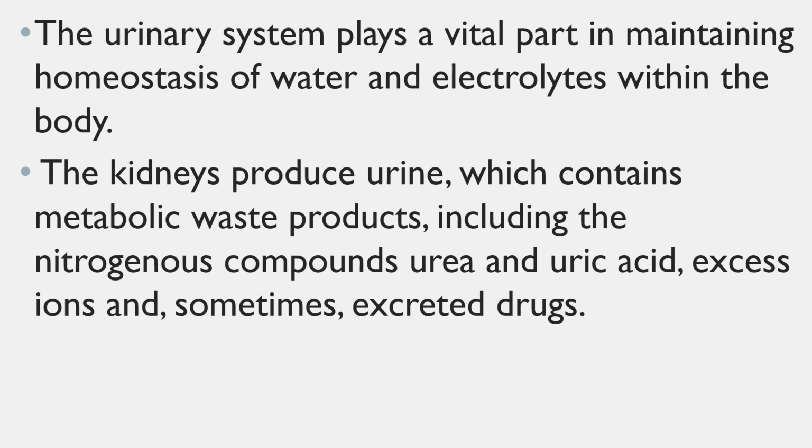So the electrolytes, these are constituents that are there in the blood. Maybe you have learned about it in the beginning of the chapters. Then the kidneys produce urine, which contains metabolic waste products, including nitrogenous compounds, urea and uric acid, excess ions, and sometimes excreted drugs.